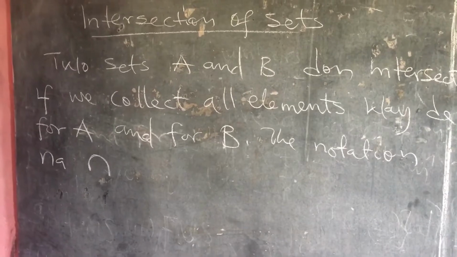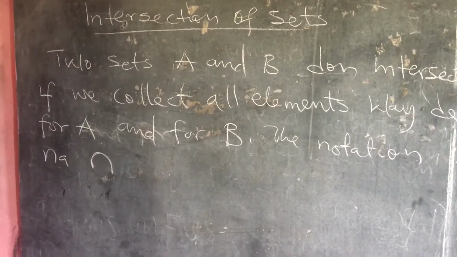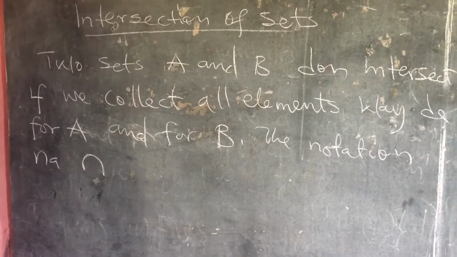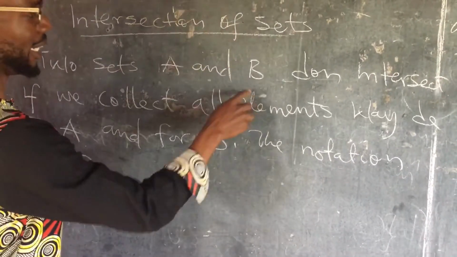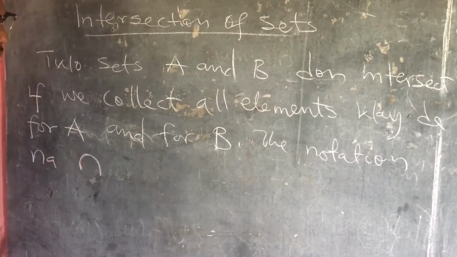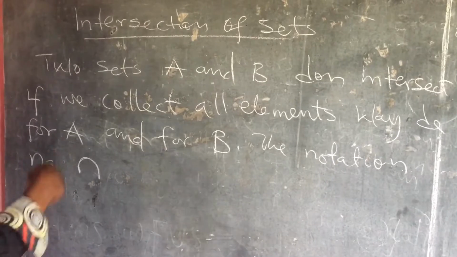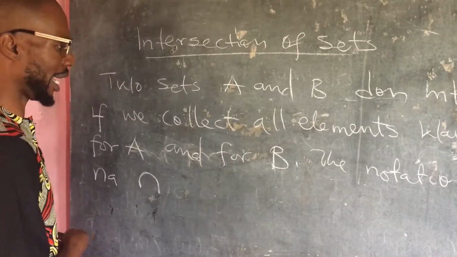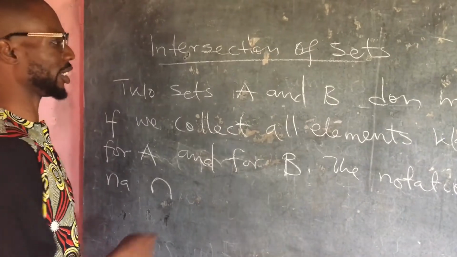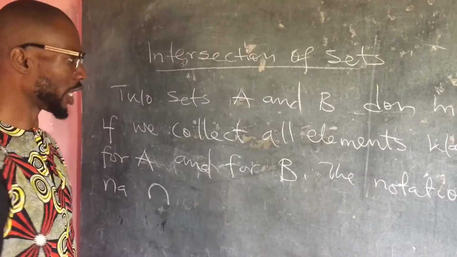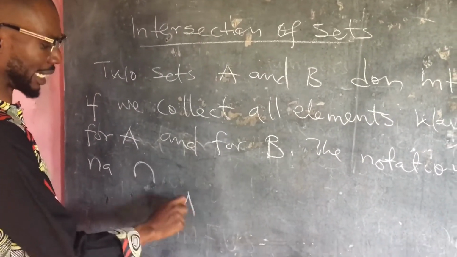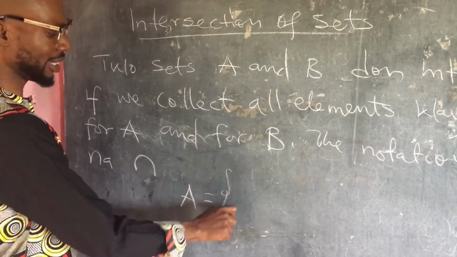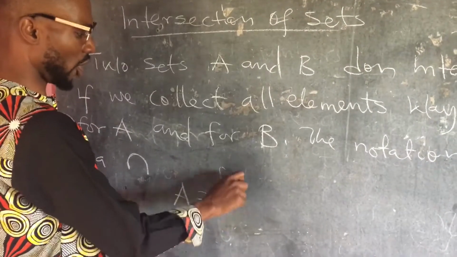So wetin this definition mean be say if we don collect the elements, all elements wey common for B and A, A get am, B get am. If we collect all the elements wey A get and wey set B get, then we don collect the intersection of A and B.